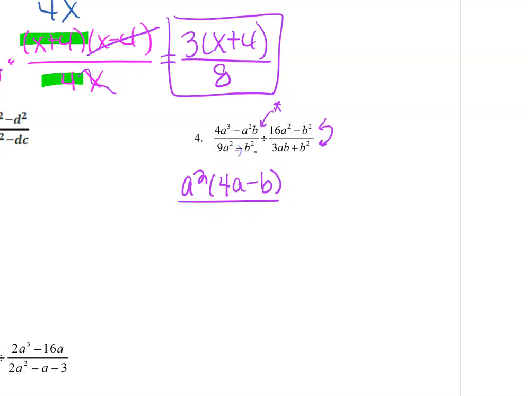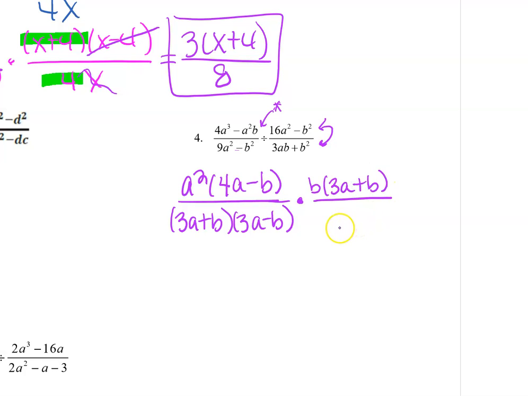In the denominator, that looks like dots. Times. So now in the numerator, it's this 3ab plus b squared. I can pull a b out of each of those. In the bottom, it's now 16a squared minus b squared, which looks like dots.